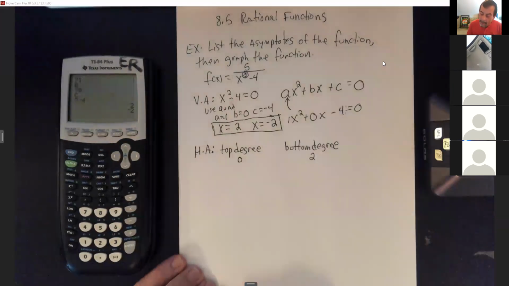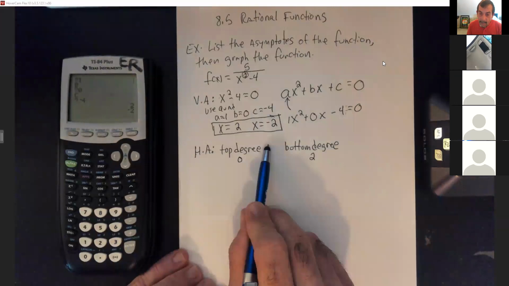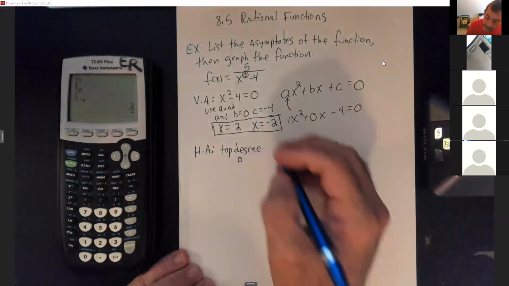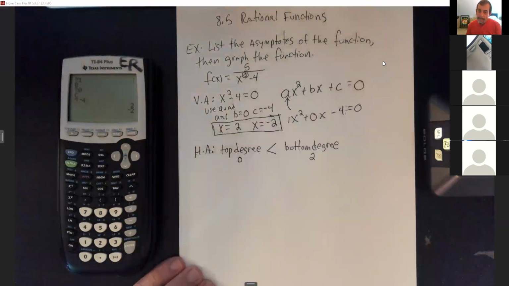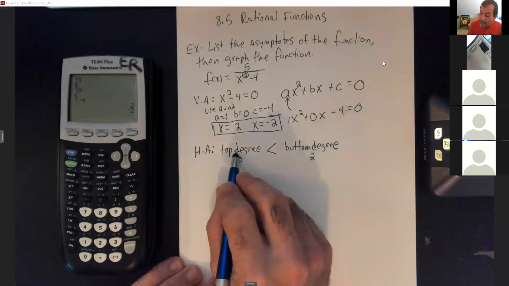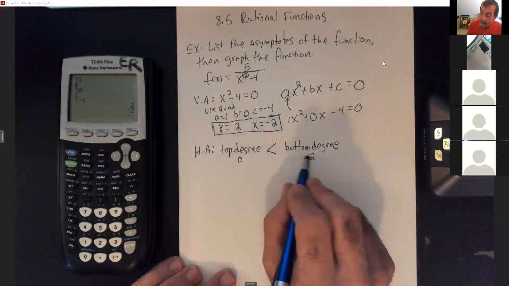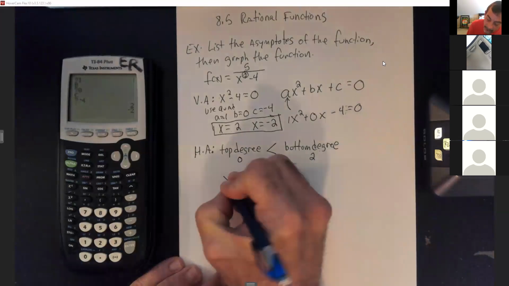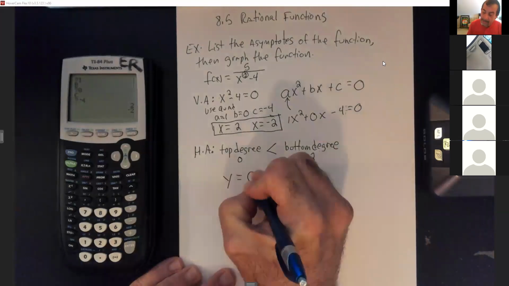So I'm going to put less than, greater than, or equals. So since my top degree is less than 2, it would be less than, which means the bottom degree is bigger than the top degree. And anytime the bottom was a higher degree than the top, your asymptote for horizontal would be y equals 0.